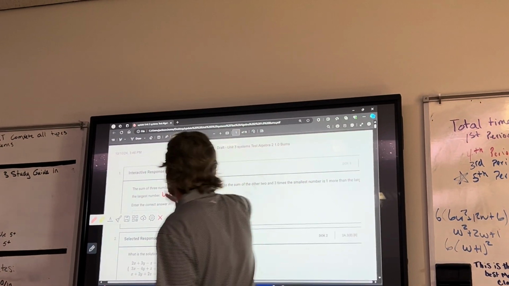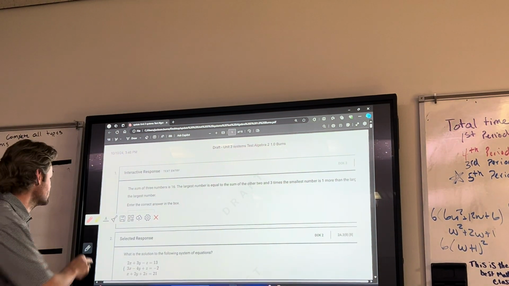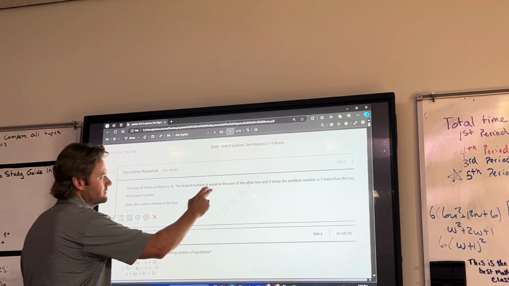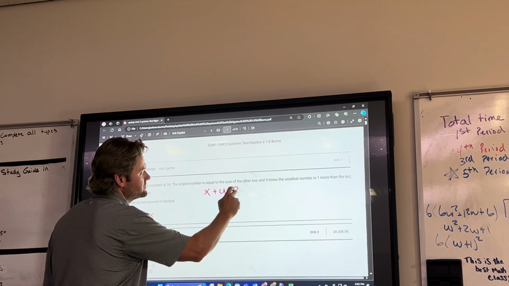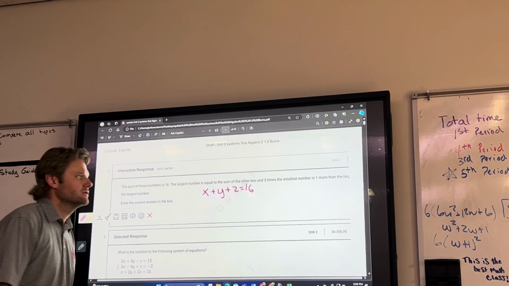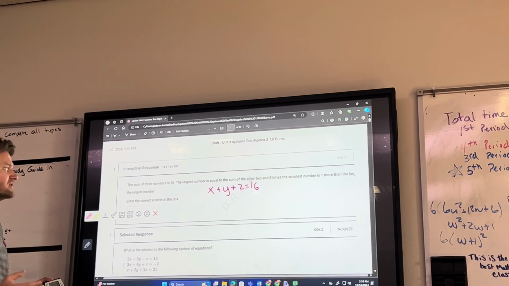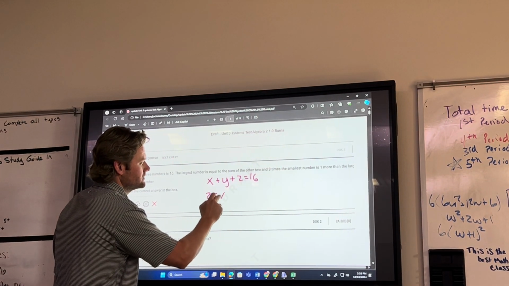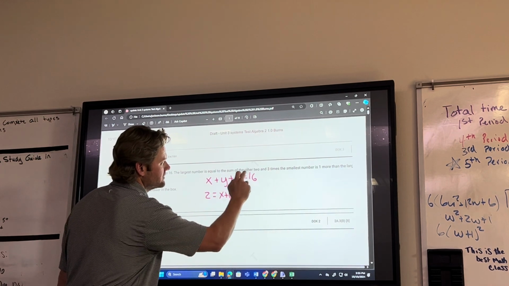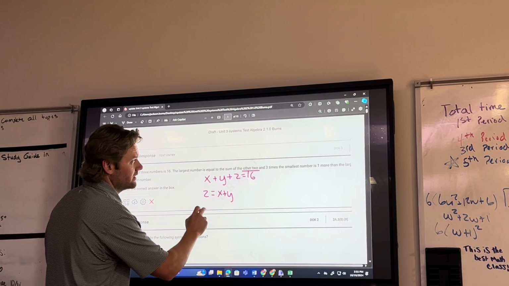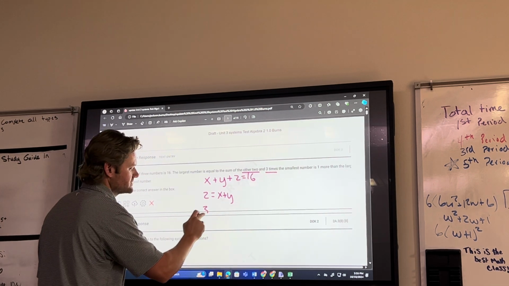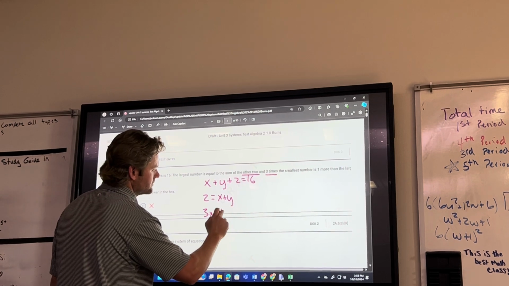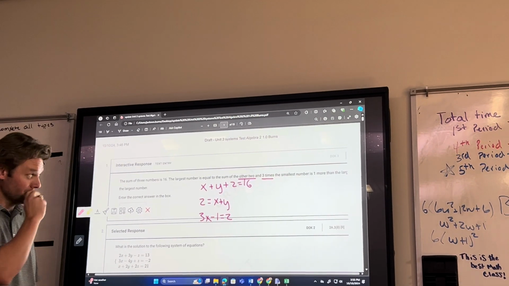Now, if I didn't want to do matrices there, say I couldn't do it, right? If you get all your equations on here, your x plus your y plus your z equals 16, right? You can use normal substitution, and it actually works out pretty well. The largest, right, so your z equals x plus y, sum of the other two. And then I have 3 times the smallest, so 3 times x is 1 more, so minus 1 equals z.